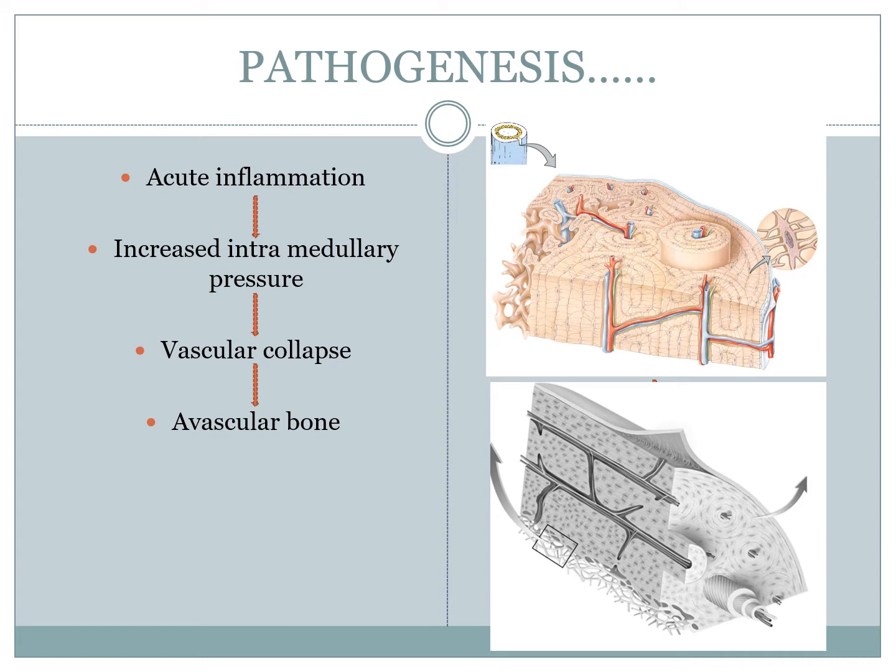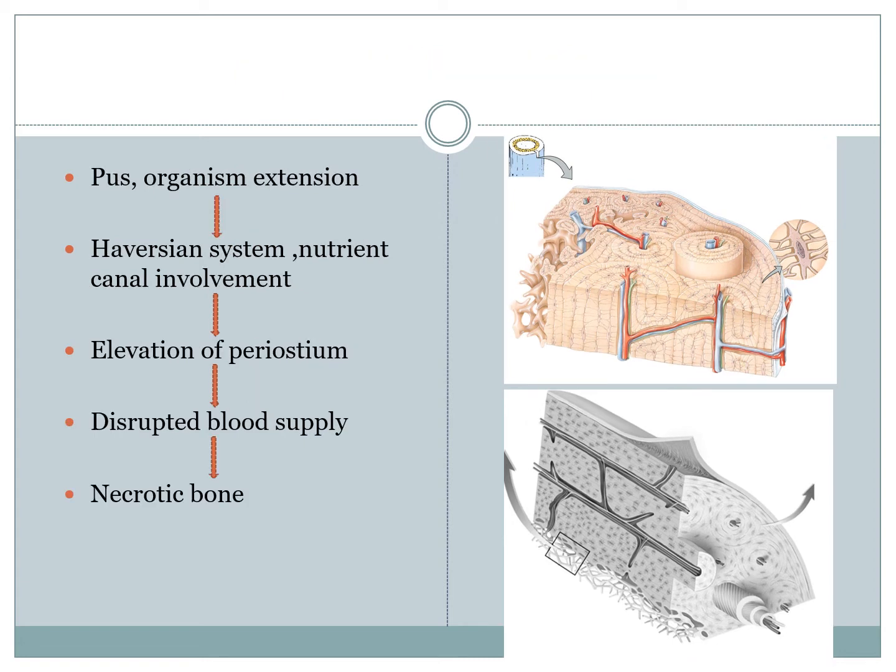If vascular collapse happens, there will be a poor blood supply, so there will be avascularity of the bone. Then pus and microbial organisms will grow in a poor oxygen supply.